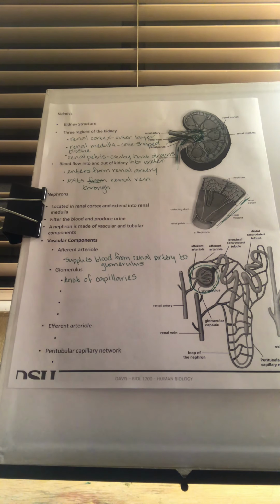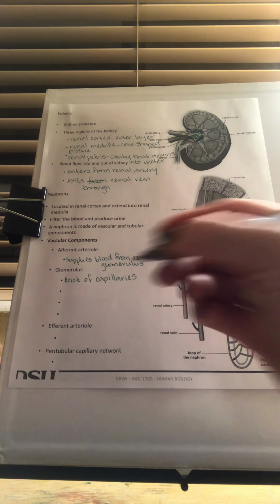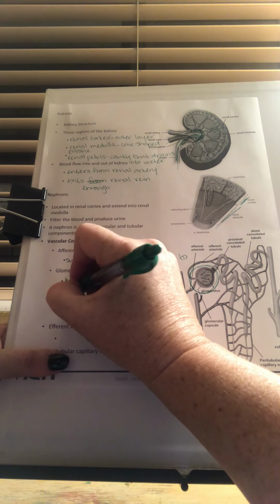If you remember, capillaries are where oxygenated blood is dropped off along with some water, and then on the venule end, we pick up some more water and waste product. So in this case with the capillaries, there's a lot of exchange because the blood is being filtered here. This is where waste product is being exchanged, and this is where water is being exchanged. So this is the actual site of filtration.